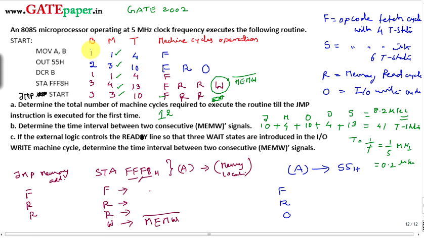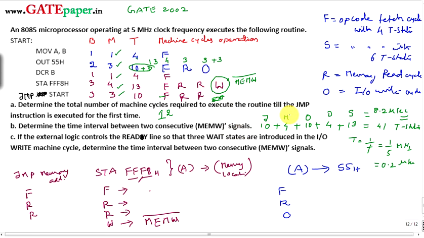If 3 wait states are added in the IO write cycle, previously it required 3 cycles, but now extra 3 cycles are added. That means 6 T states instead of 3 T states, so 10 plus 3, this will become 13. So to execute OUT FF55H, it requires 13 T states now.